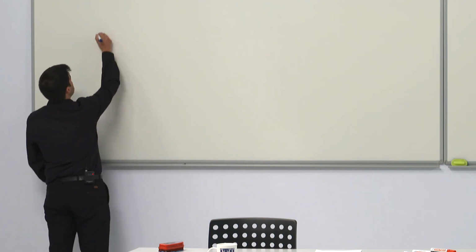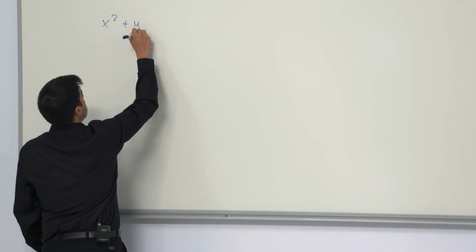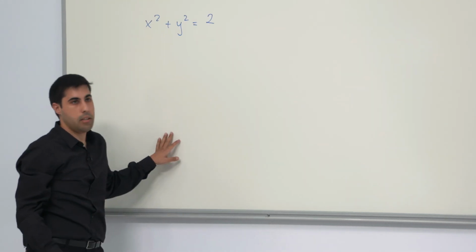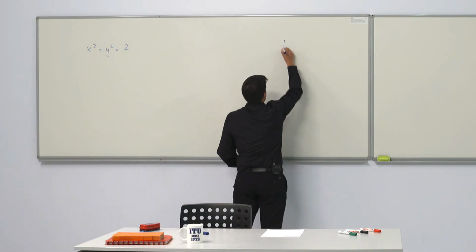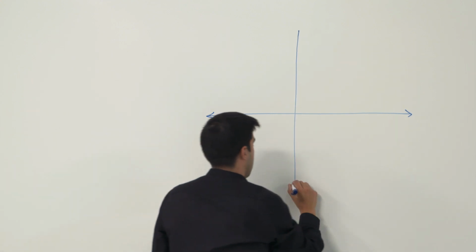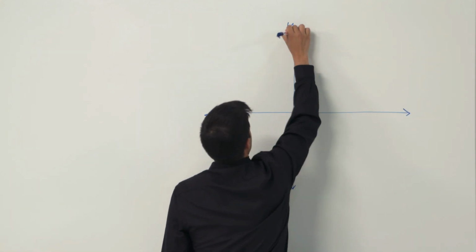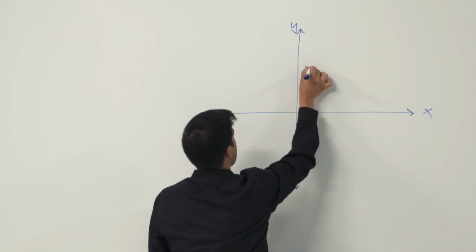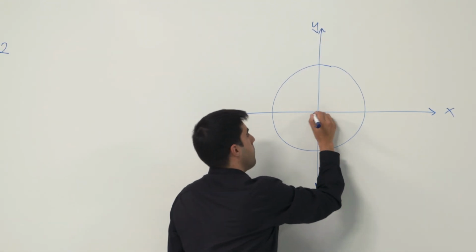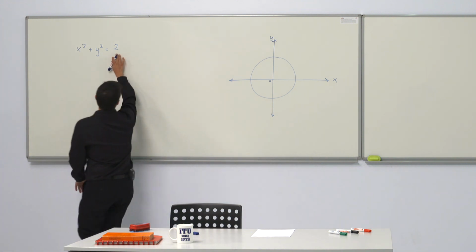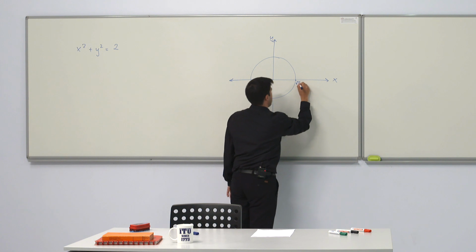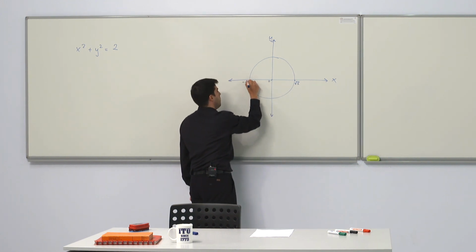So let's take, for example, x squared plus y squared equals 2. So this is actually a circle centered at the origin with the radius of square root of 2.